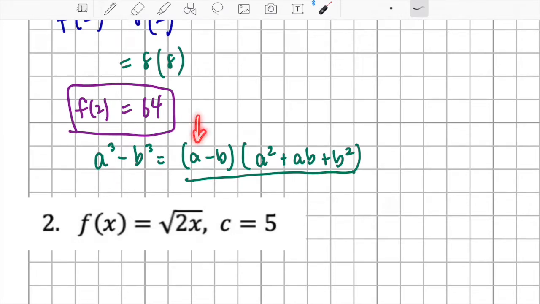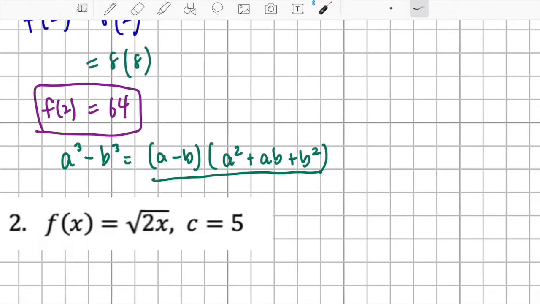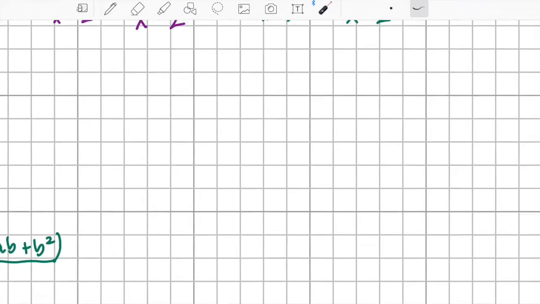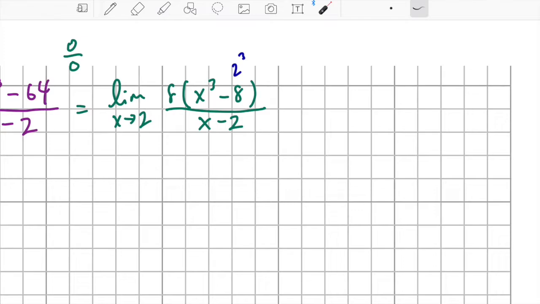Again, our a is x and our b is 2. Notice it's b cubed, so 2 cubed gives me 8. And then we're going to replace the a with x and the b with 2. So according to this it will factor as this.